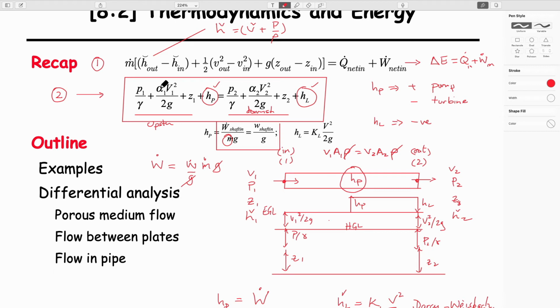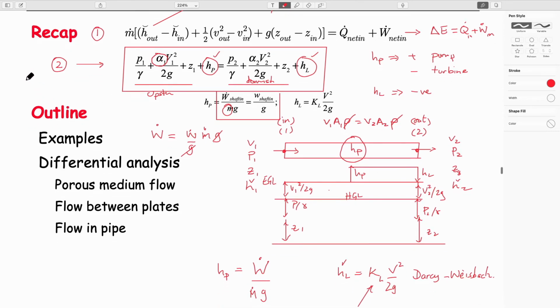The other term in here is the alpha term, which we discussed last time. If you look at flow within a pipe or a stream tube, we've always assumed that viscosity is 0 and that the distribution of flow as a result is uniform. So if viscosity is 0, then alpha is equal to 1.